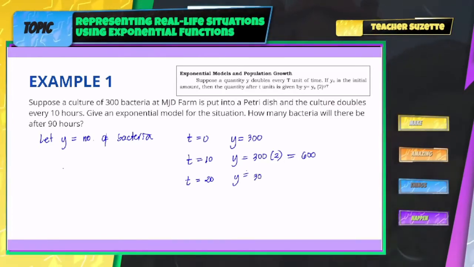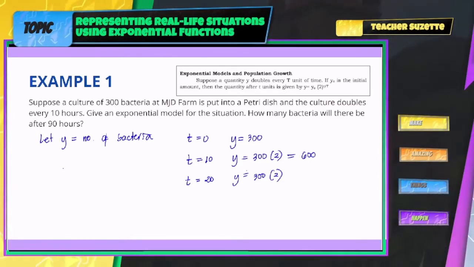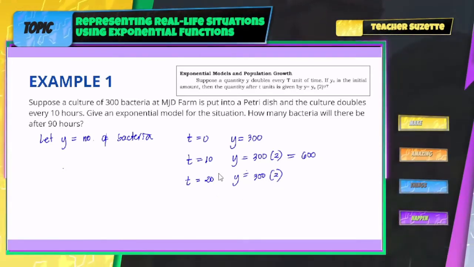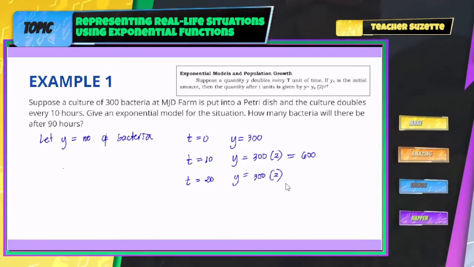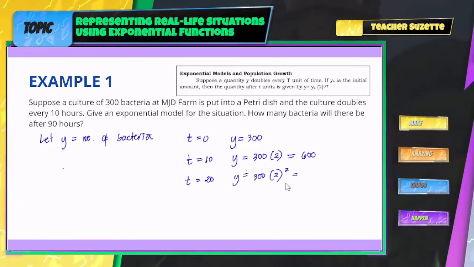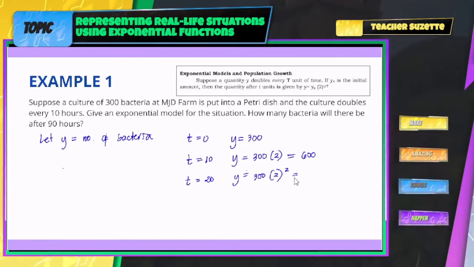Again, we know that we have 300 bacteria and it will double every 10 hours. After another 10 hours, our equation doubles again. We raise our 2 to another power, because the cycle repeated and it doubled again. So you will now have 2 raised to 2, which is 4, times 300, equal to 1,200.